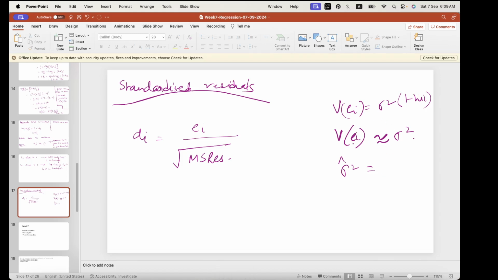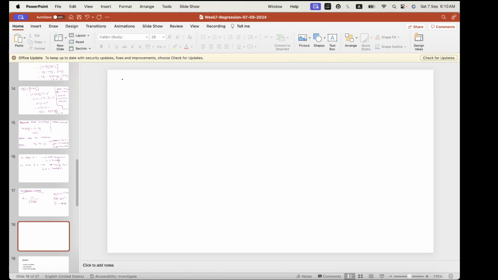Wherever we have to estimate σ², we do that with MS residual. So we take the residuals and standardize them with the assumption that the variance of eᵢ is approximately equal to σ², as the x's are not that far away from the center. Keeping this in mind, we have the standardized residuals designed in this way, where dᵢ is eᵢ by root over MS residual. But as you can see and appreciate now, this is not the correct thing to do. So in order to do the correct thing, we take studentized residuals.